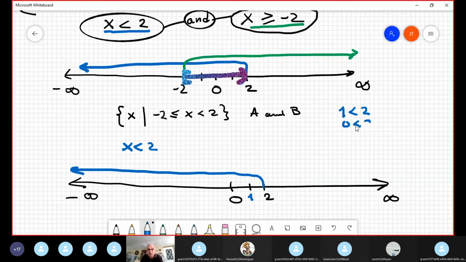Negative 1, and so on. Do you understand this? Yes or no? Come on, communication. Yes, Professor. This is less than 2. The second one was x greater than or equal to negative 2, where the endpoint now is here.